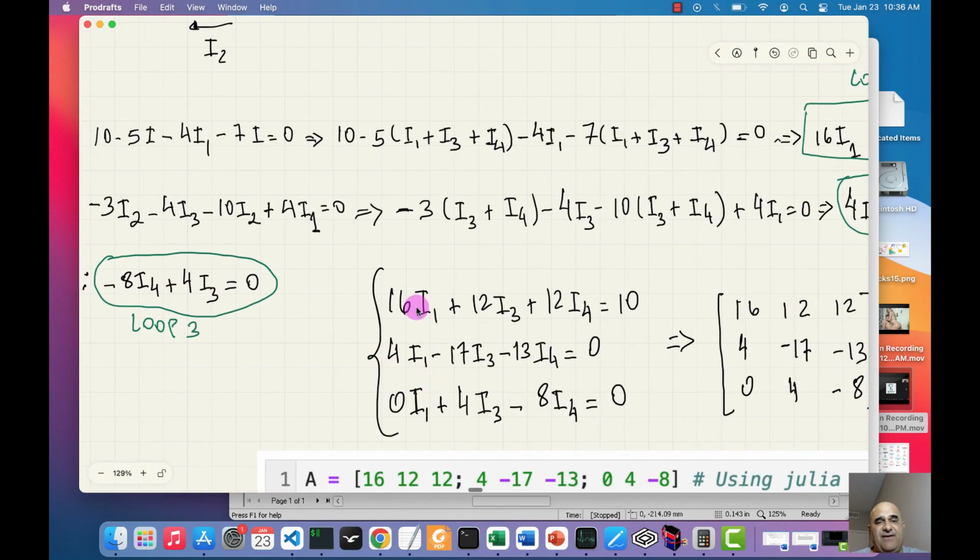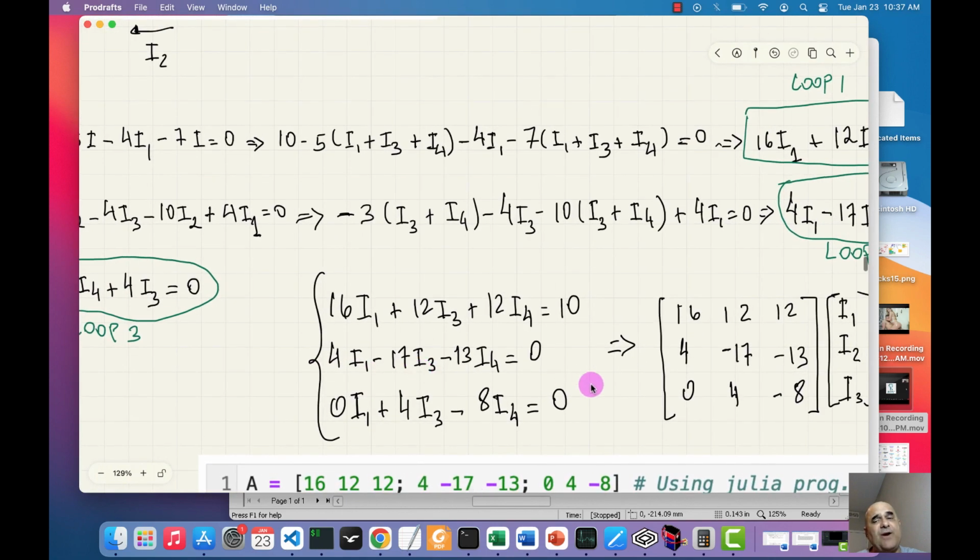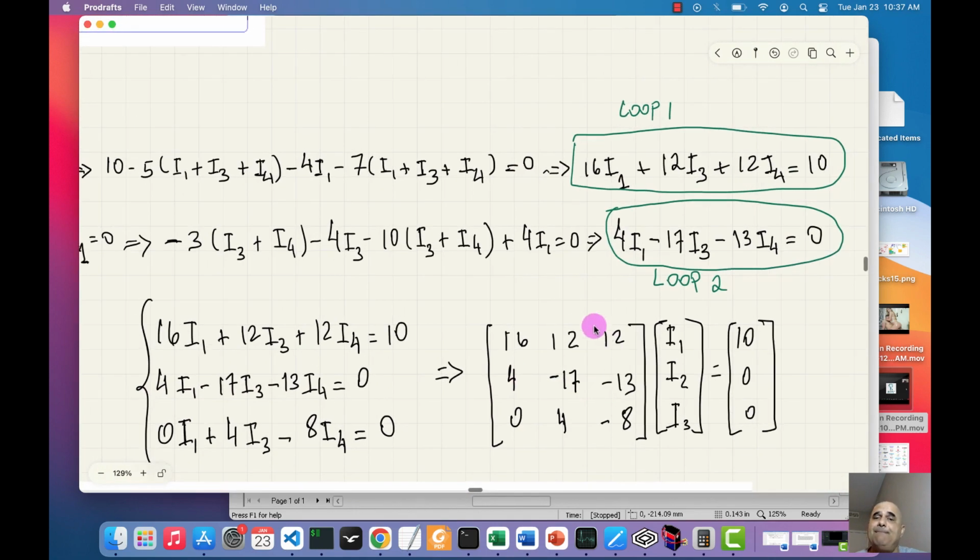Now I have a linear system with 3 equations, 3 variables, as you can see. I'm going to write over here 0, I1 for the loop number 3, for the third loop. And I can represent this as a matrix.